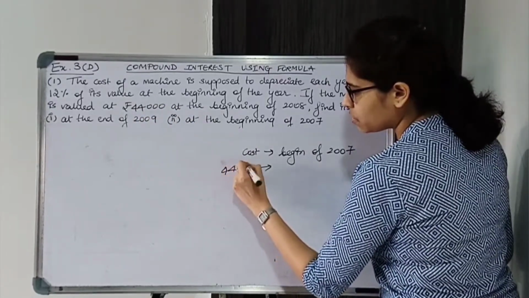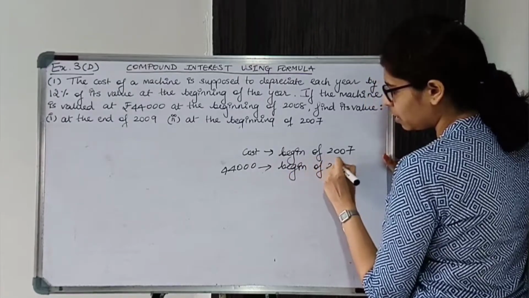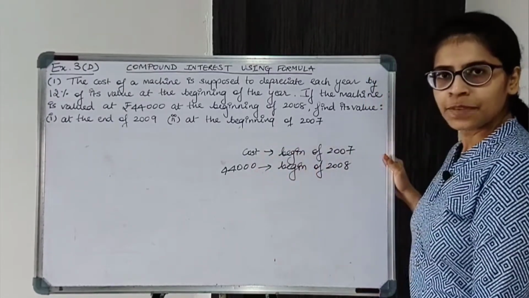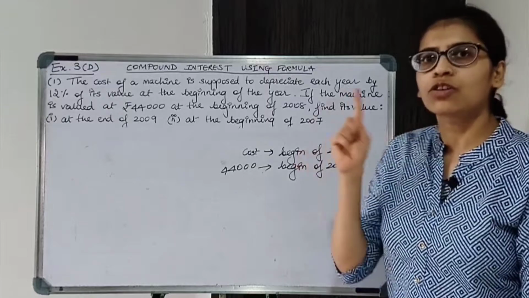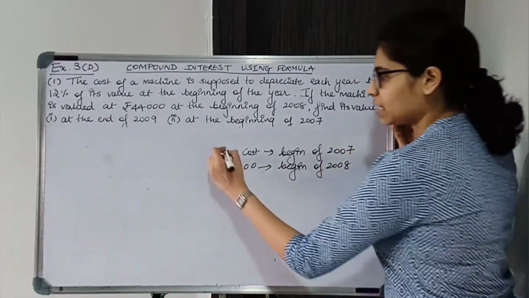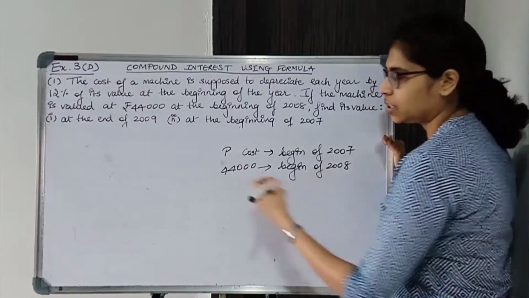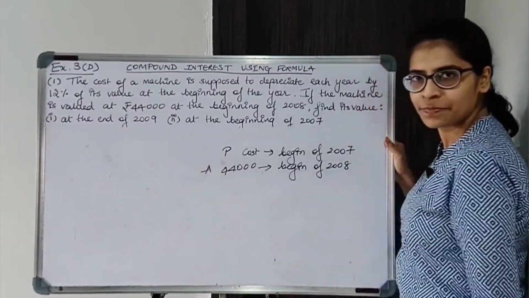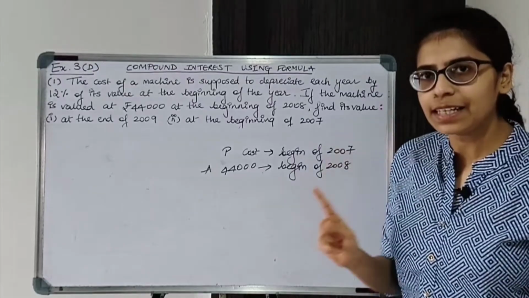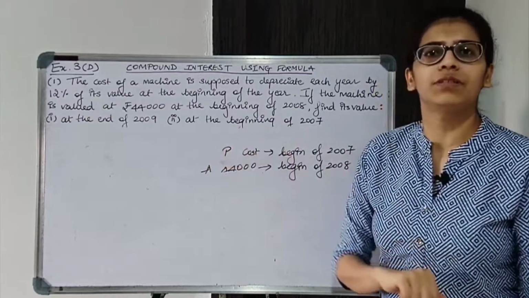Now we know the costing in the year before is always the principal, and the costing in the year after is the amount. So in this second case, 44,000 is the amount and you need to find the principal.